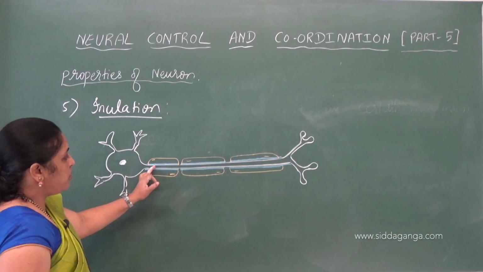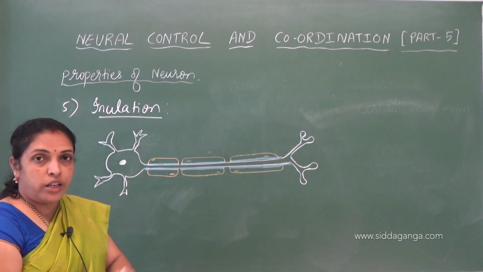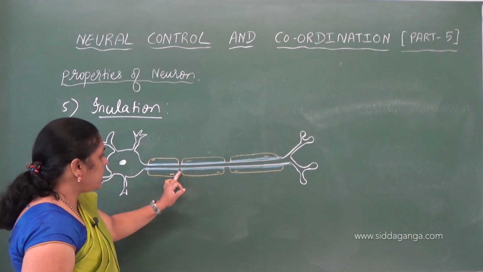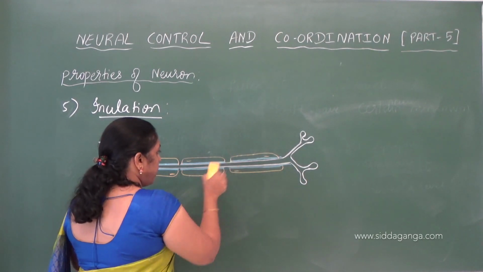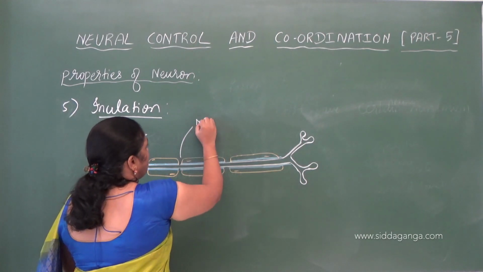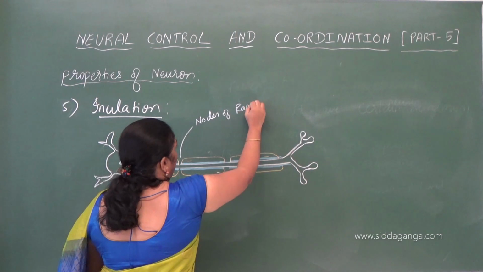The myelin sheath is present around the axolemma that helps in faster rate of conduction of impulse. And this myelin sheath is interrupted by Schwann cells, and the junction between Schwann cells is called nodes of Ranvier.